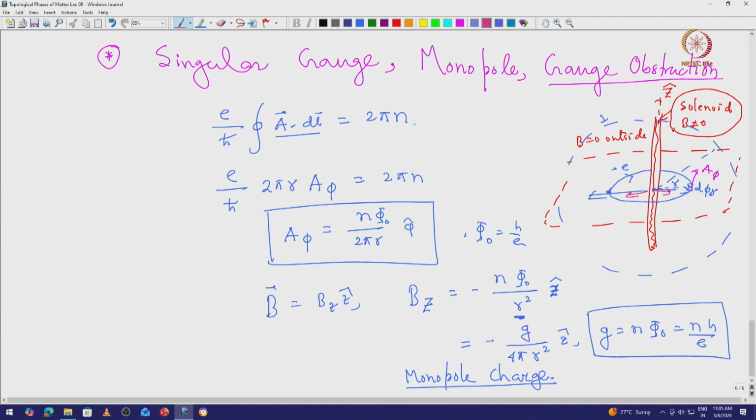But now you can generalize this problem to 3D, as if some point magnetic monopole charge is sitting here, and you can do this integral.